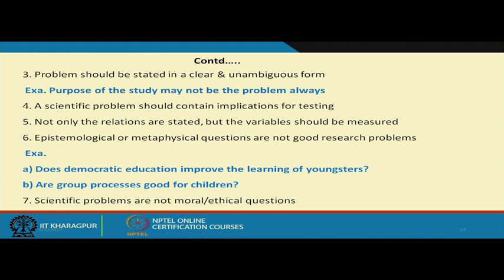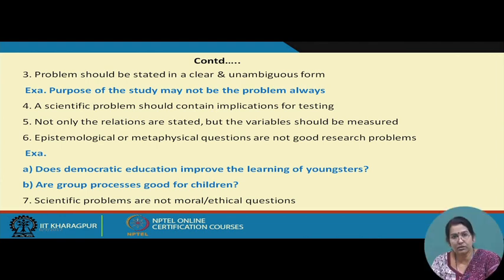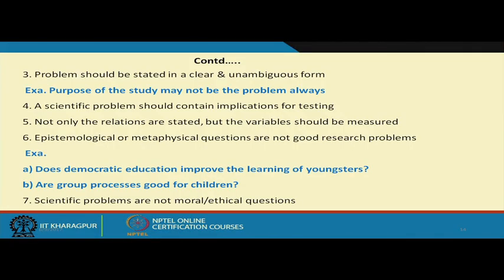Epistemological or metaphysical questions are not good research problems. As we have already discussed, philosophical or abstract ideas and highly epistemological or metaphysical questions are not good research problems. For example, does democratic education improve the learning of youngsters?